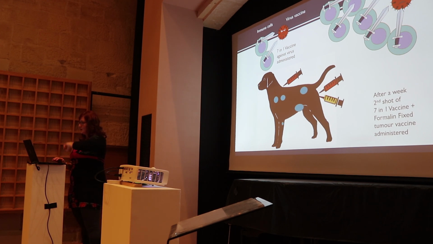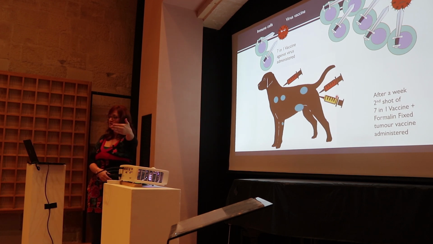Next time, with this virus, you insert pieces, fragments, ingredients that make up the cancer, and you inject it together with your 7-in-1 vaccine. First, you taught your body to fight, let's say, chickenpox. Next time, you give it chickenpox plus some ingredients from your cancer.